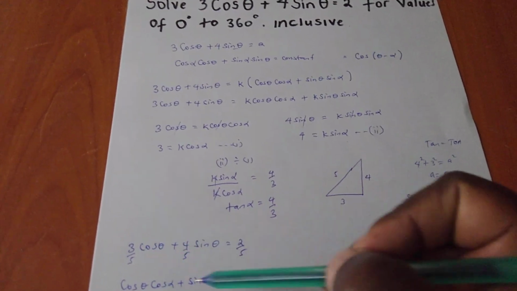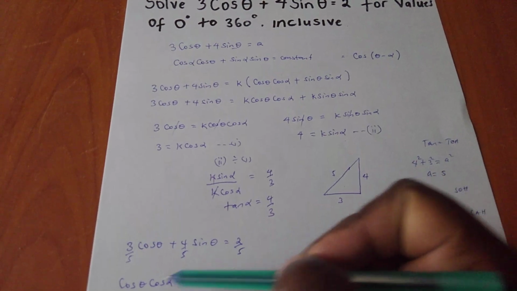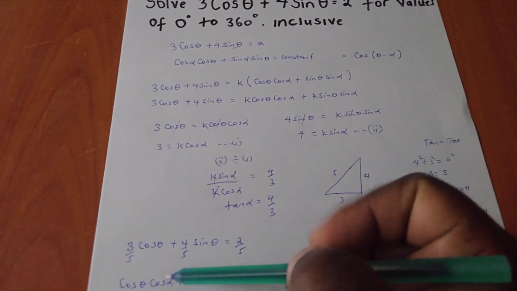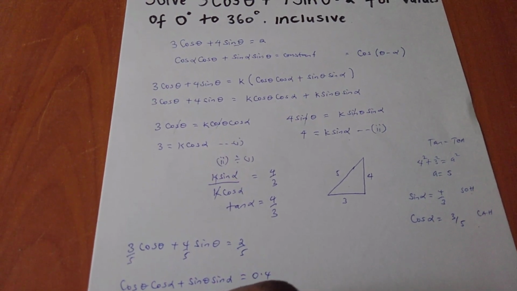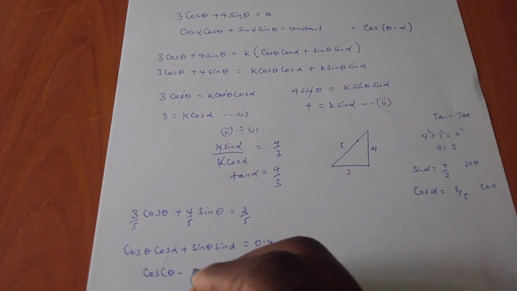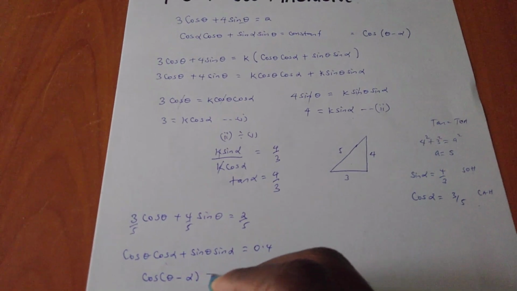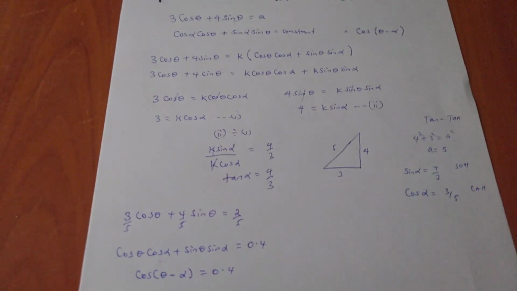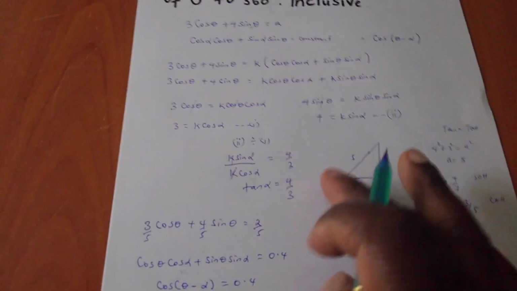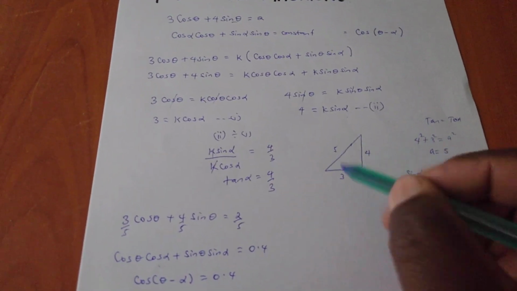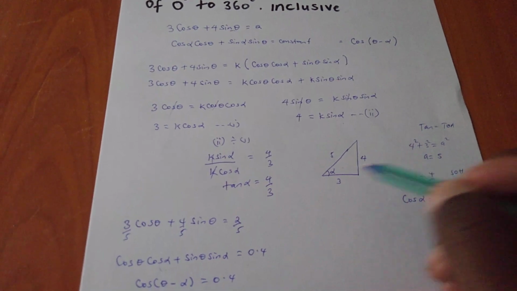So the whole of this is the same as cos of theta minus alpha, which equals 0.4. I hope we are together. So now solving, I forgot one thing: I need to find my alpha.